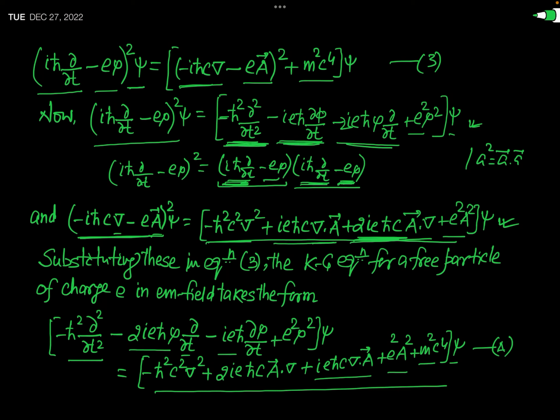Now you can see in this equation, which is just the Klein-Gordon equation for a particle of charge e in an electromagnetic field, there is no spin operator present.